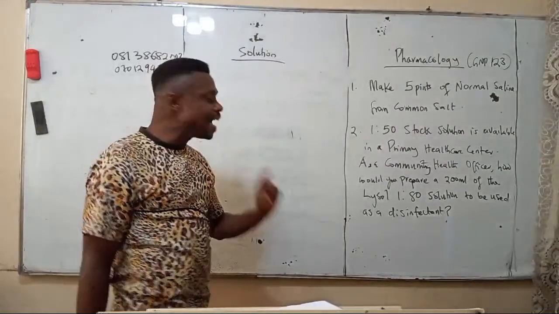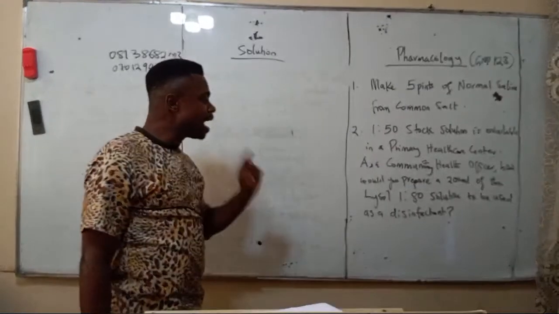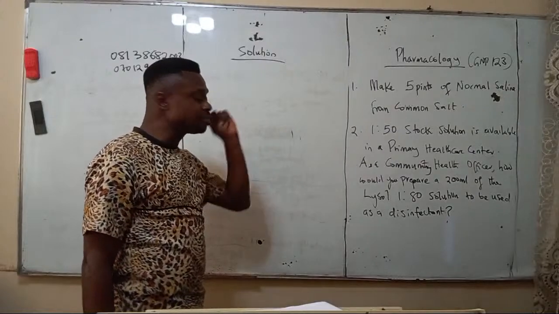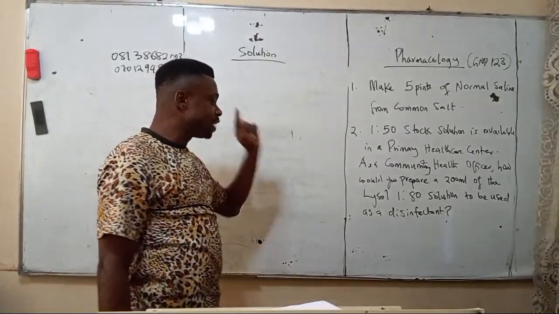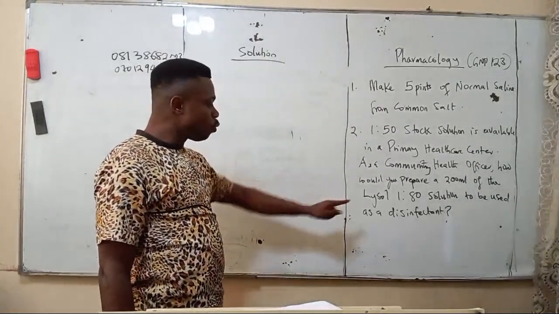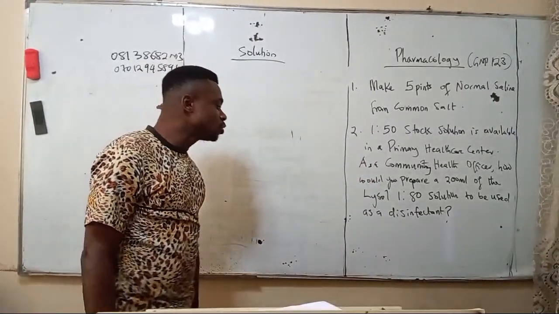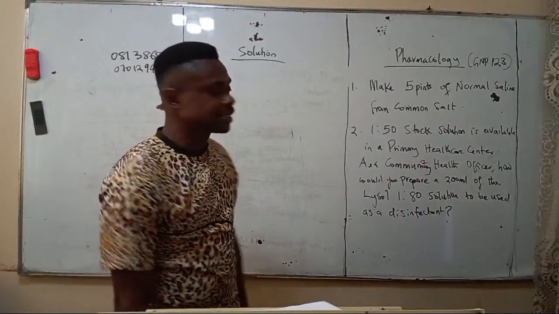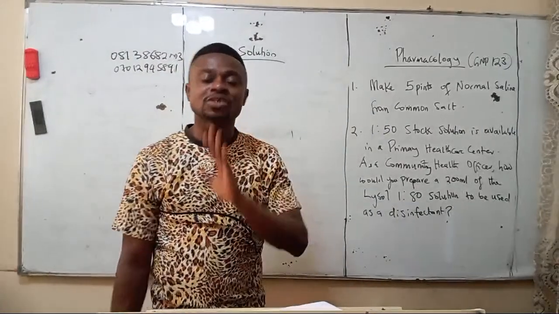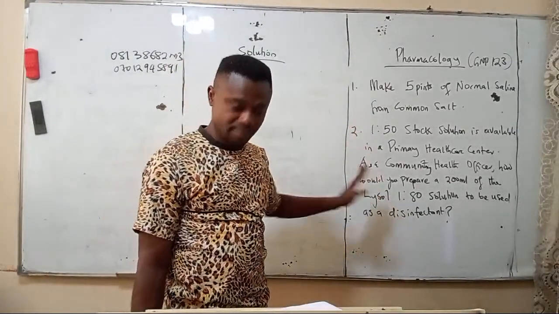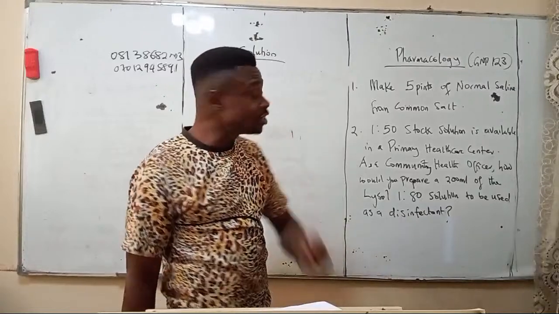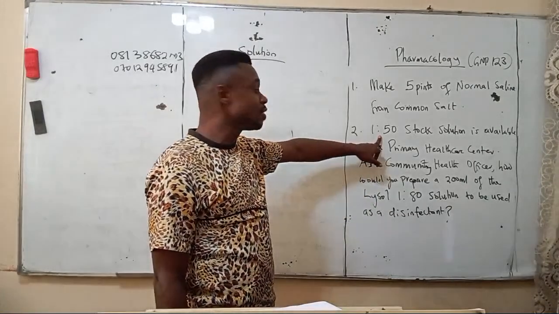As a community health officer, how would you prepare 200 ml of the Lysol 1:80 solution to be used as a disinfectant? Now, the stock solution is Lysol. The concentration in ratio strength is 1:50.